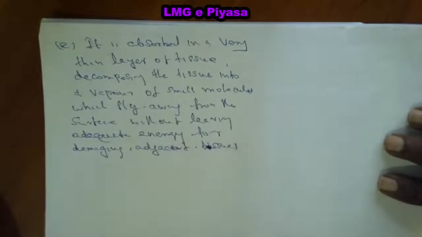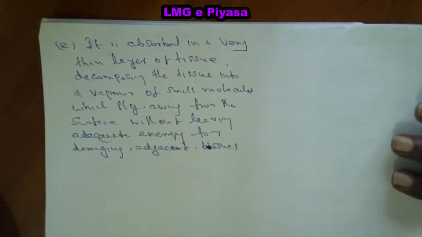Right? You can obtain the answer for part E from the paragraph and write it. Actually, in the surgery, by applying these laser pulses, the tissue will become a vapor and evaporate.